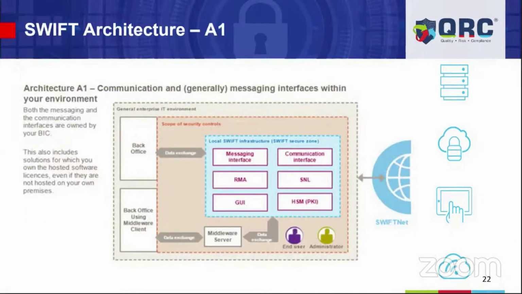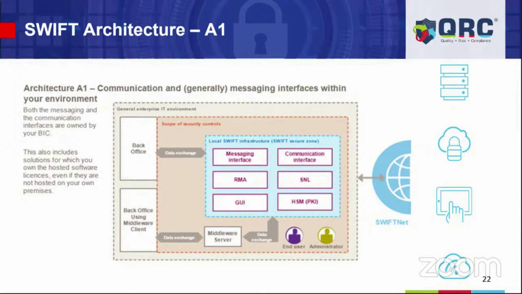A1 architecture, where the entire control is yours, mainly bifurcates into a messaging interface and a communication interface. If you look at this architecture, one is external connectivity with the Swift network, and there are the back office and some middleware clients, which have interconnectivity with the Swift systems.